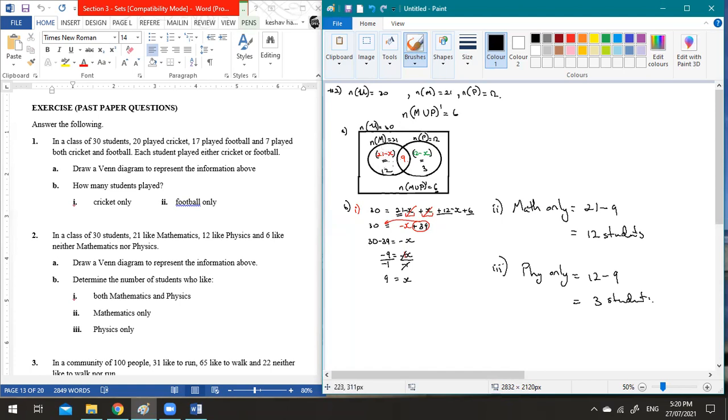Now, we have to remember what is the set notation for maths only. So maths only is the set of mathematics students intersecting with everything outside the other set, to get this only.